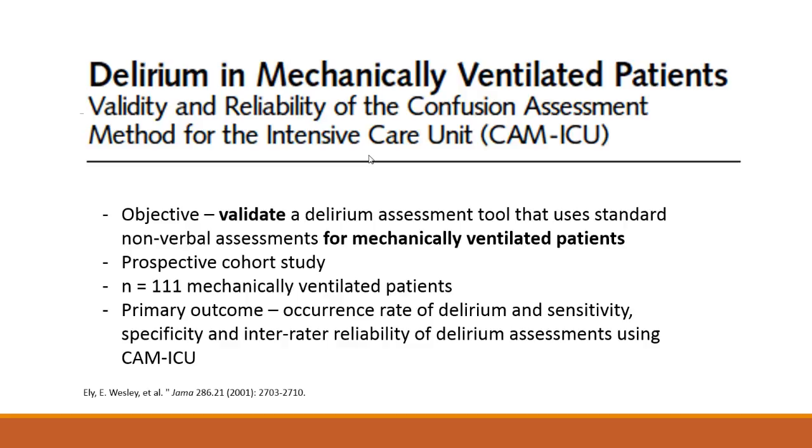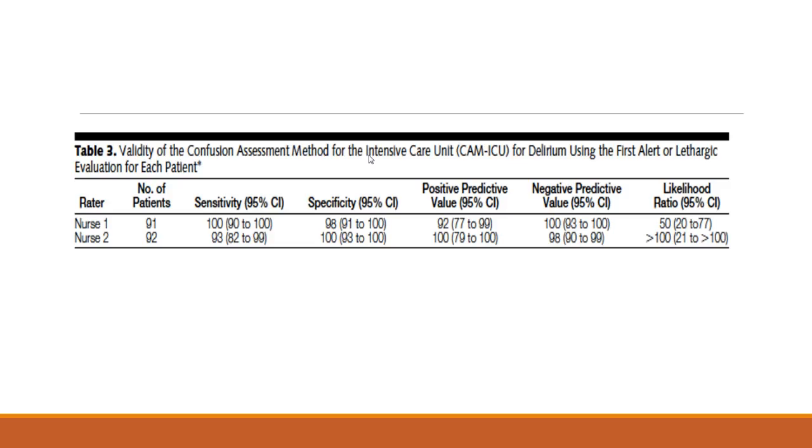And again, as a prospective cohort study, they enrolled 111 patients, and what they found was similar findings to the earlier study: high sensitivity, specificity, and inter-rater reliability. And they found that the prevalence of delirium in this subset of patients was almost 83%. And again, similar findings to the earlier study. So it's just a bigger number focused on patients who are mechanically ventilated.